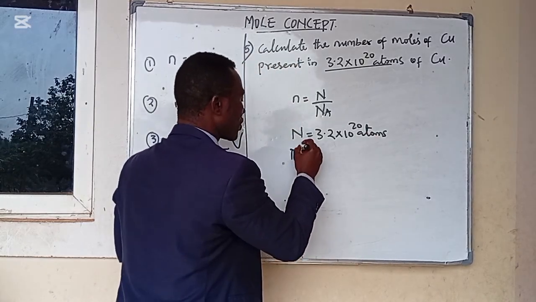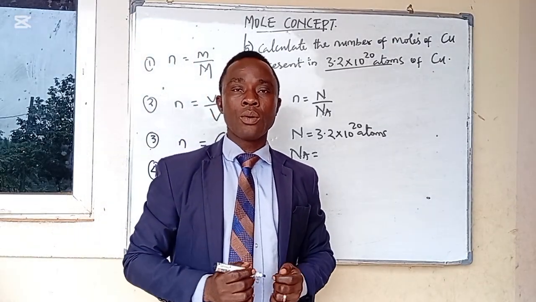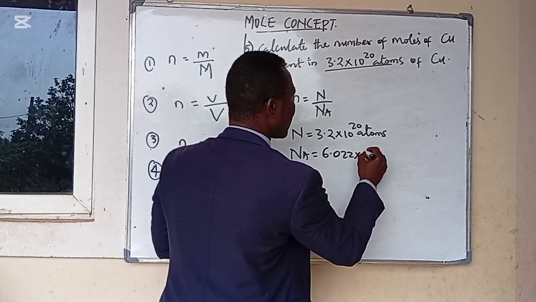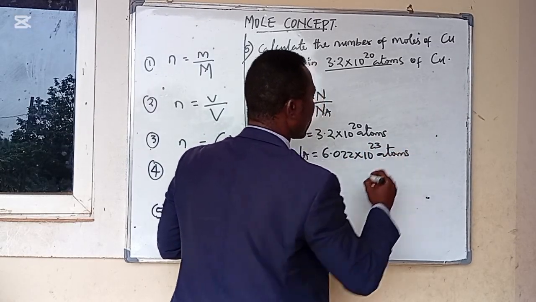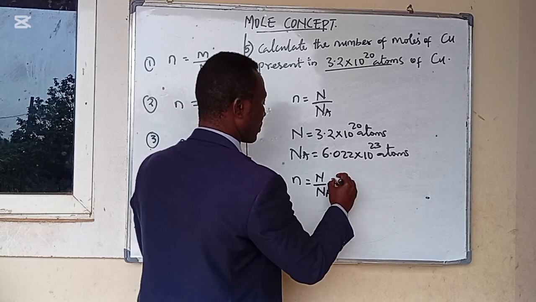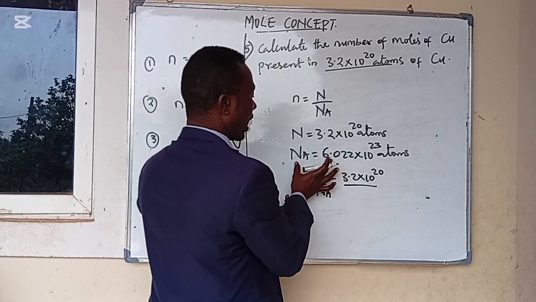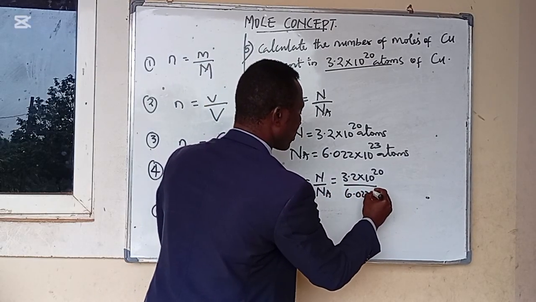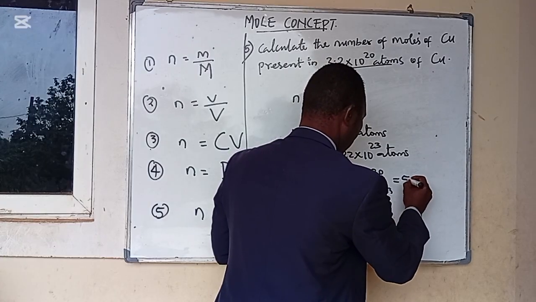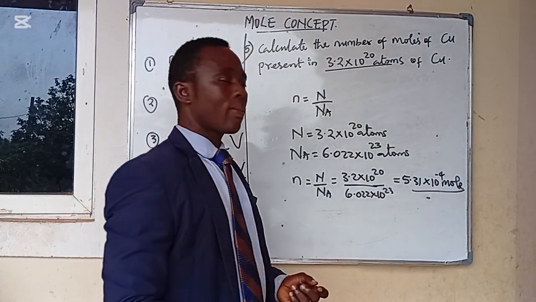But remember, Avogadro's number of particles is a constant given by the Italian scientist Amedeo Avogadro, and the value for that constant is 6.022 × 10^23 atoms. Therefore, number of moles will become 3.2 × 10^20 atoms divided by 6.022 × 10^23. When we divide this, we'll be having 5.31 × 10^-4 mole. That is the number of moles.